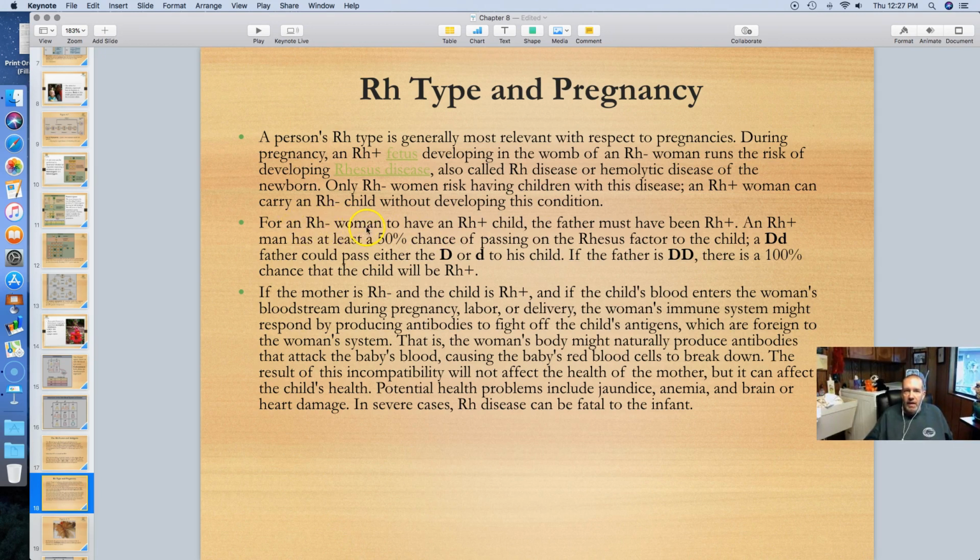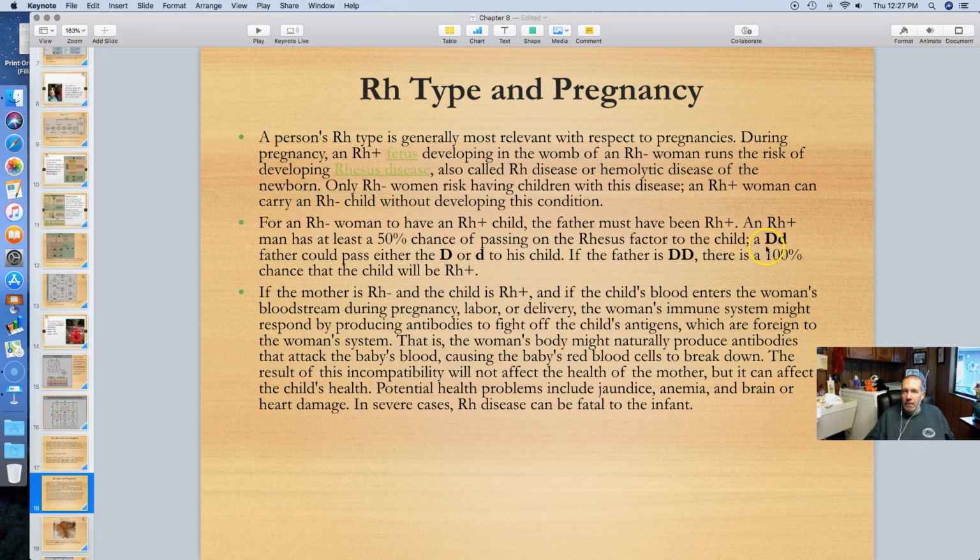So if you were an Rh negative woman and to have an Rh positive child, the father has to be Rh positive. Because as long as that positive is there, that means you're either both dominant alleles for the positive factor or you're heterozygous for the positive factor. But either way, if you do a Punnett square for either of these options, there's a 100% chance, if the father is homozygous dominant, that the child will be positive, which means no problems.